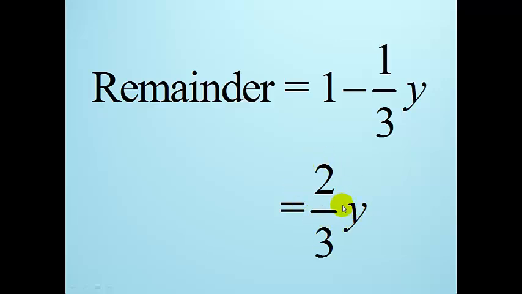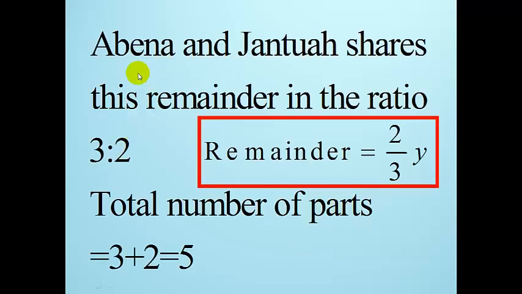Now let's proceed. From the question, Abena and Jantua share this remainder in the ratio 3:2. Take note that the remainder is equal to 2/3y.